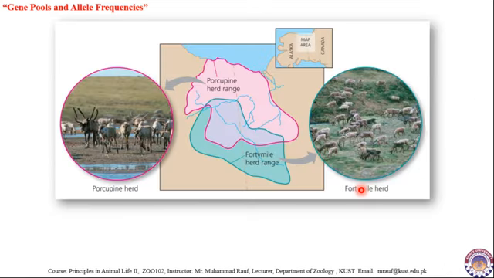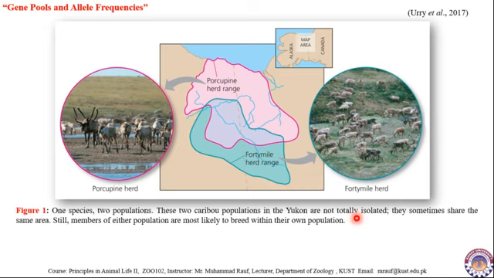Here is an example where the two populations are geographically isolated from each other. These two caribou populations in the Yukon are not totally isolated. They sometimes share the same area.